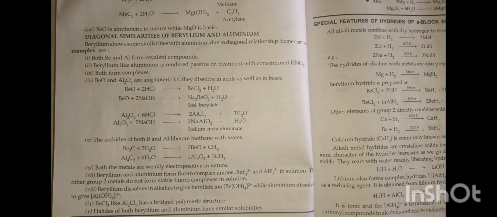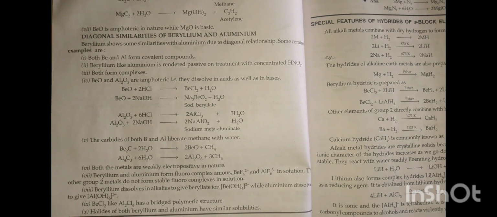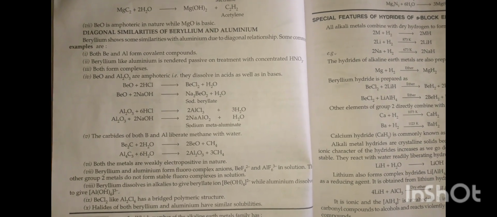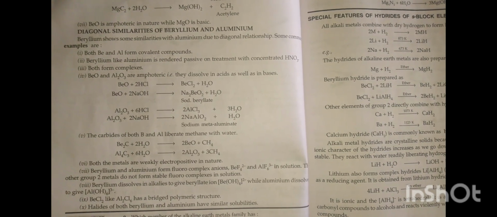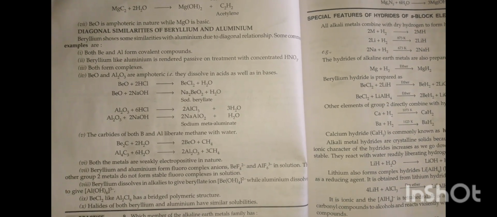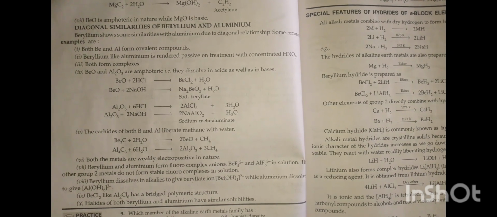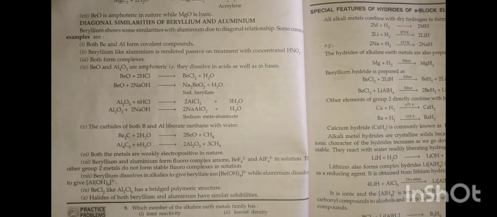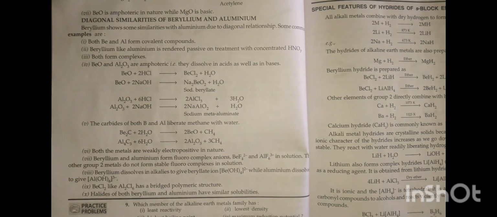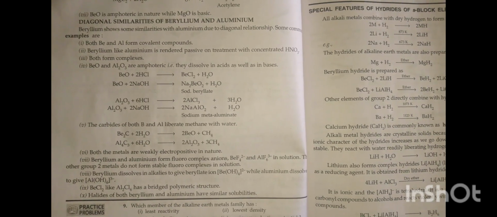Both beryllium and aluminium form covalent compounds. Beryllium and aluminium are rendered passive on treatment with concentrated HNO3. Both form complexes. Beryllium oxide and aluminium oxide are amphoteric, that is, they dissolve in acids as well as bases. The carbides of both beryllium and aluminium liberate methane with water.